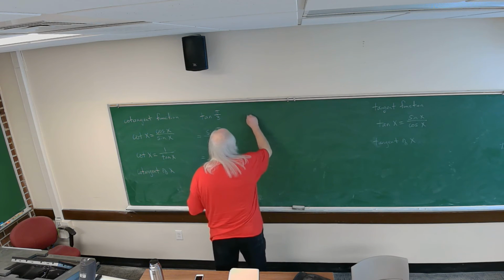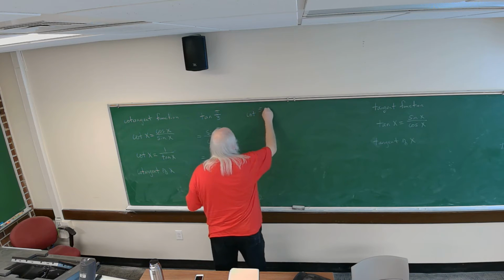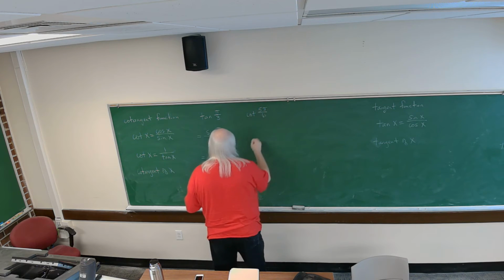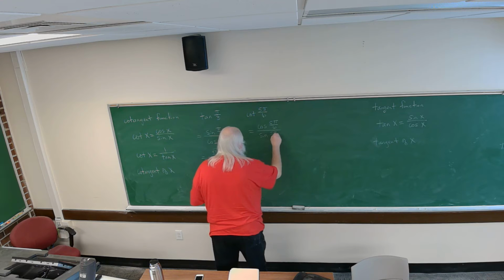Cotangent of 5 pi over 6. By definition, that's equal to cosine of 5 pi over 6 over the sine of 5 pi over 6.